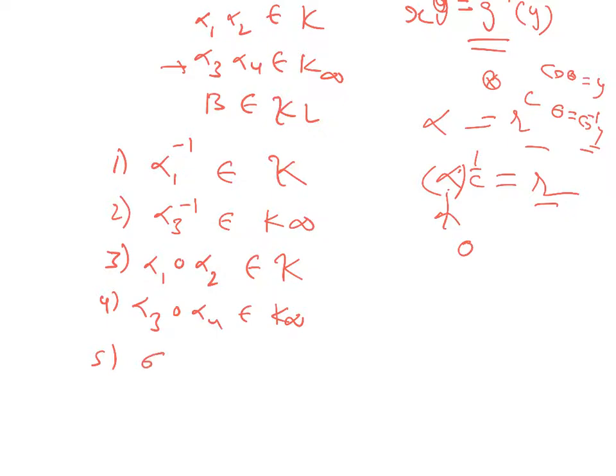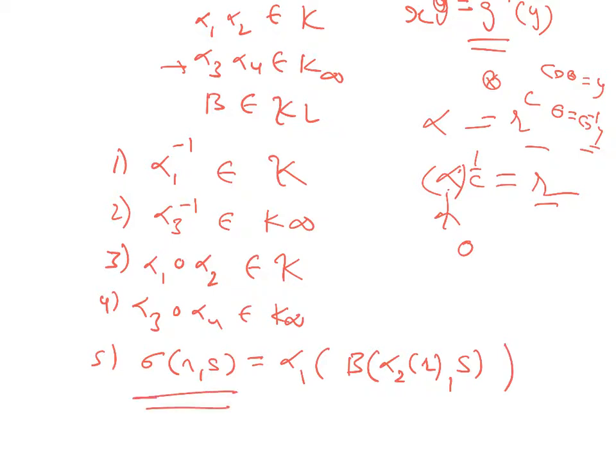So sigma of r, s, I'm defining a new function, which is basically alpha 1, a class K function, of beta of alpha 2 of r comma s. Let's see that. What is the class of this function then?